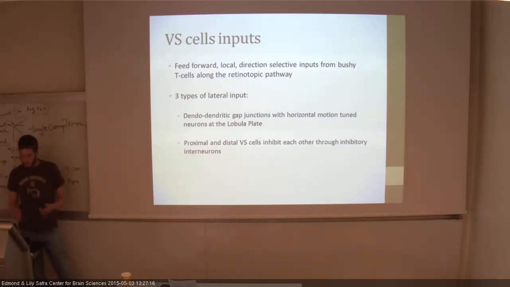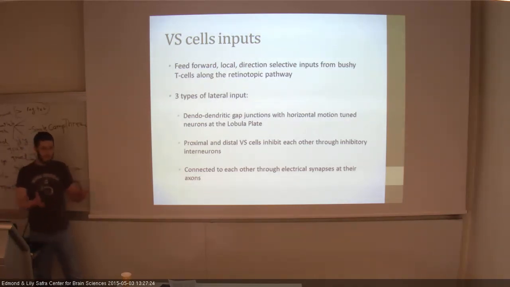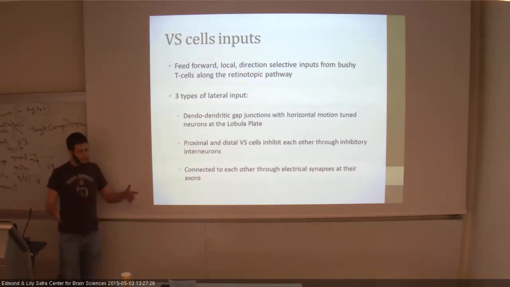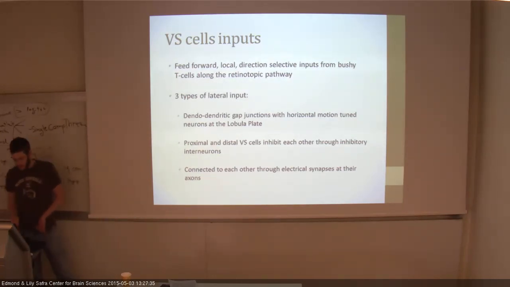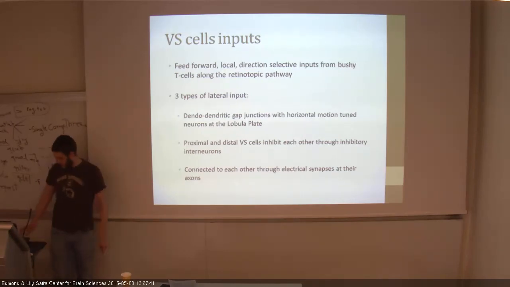And they are connected to each other through electrical synapses at their axons. This means that even after the soma has done the computation with all the inputs from the dendrites, and action potentials have started to appear, they have synapses at the axon level that affect each other's inputs.